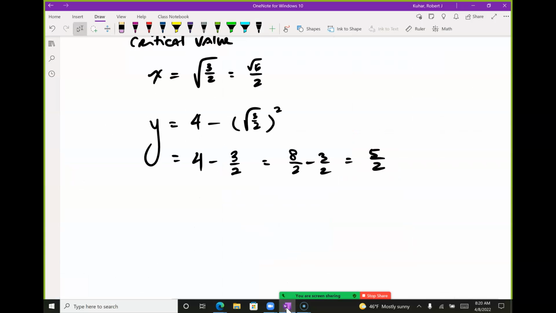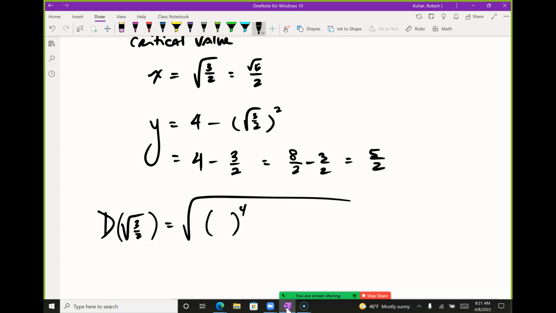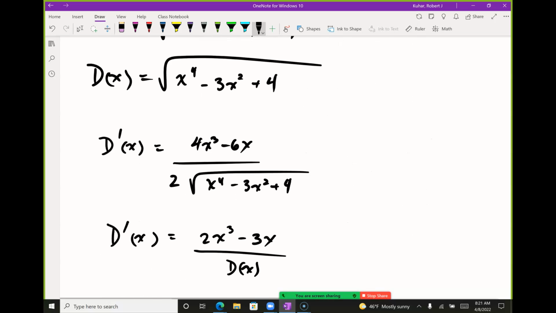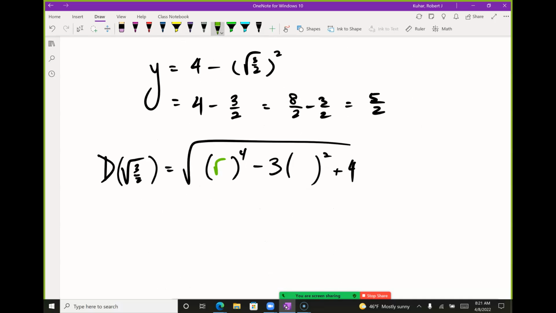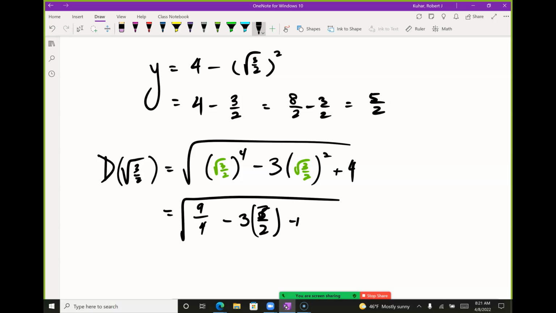So, let's find our distance. So distance at square root of 3 halves, right? And I had what? x to the 4th minus 3x squared plus 4, I think, at least. Let me look. Yeah. And I'm putting in my square root of 3 halves there, which is nice because I've got a 4th power and a 2nd power. So it's going to give me 9/4 minus 3 times 3 halves plus 4.